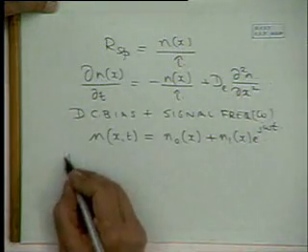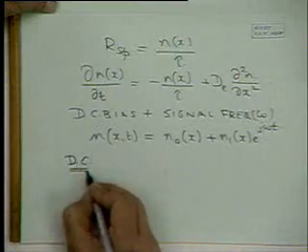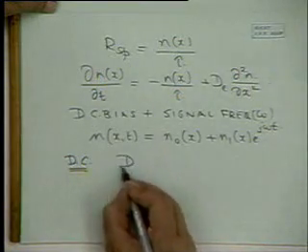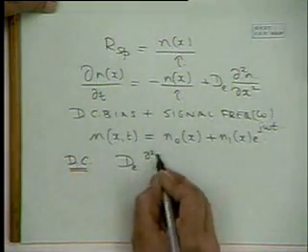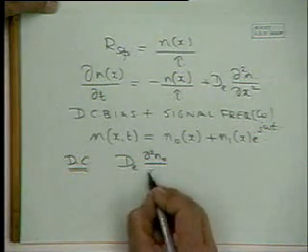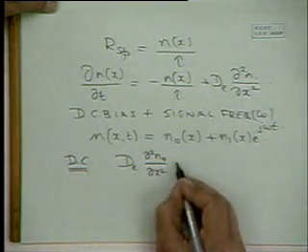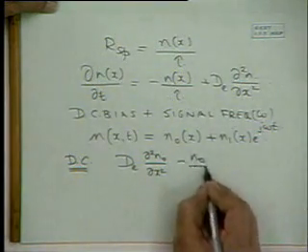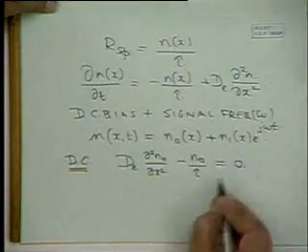One is the DC part. The DC part is D_E delta 2 n0 delta x squared minus n0 by tau is equal to 0.